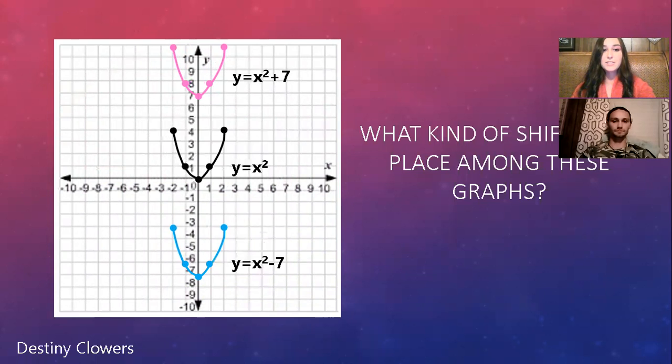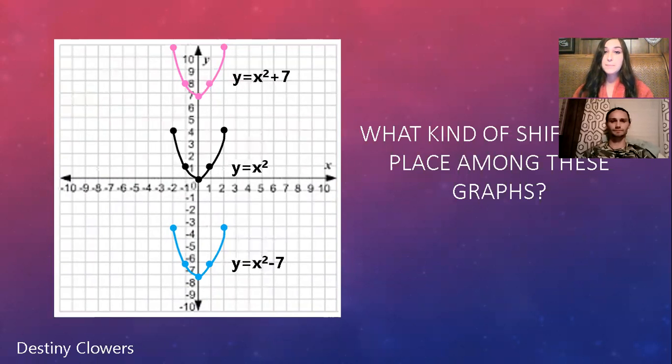As you can tell, the graph of y equals x squared plus 7 is the same graph as y equals x squared, but it's shifted 7 units up. In the same way, y equals x squared minus 7 is the exact same as y equals x squared. It's just shifted down 7 units.